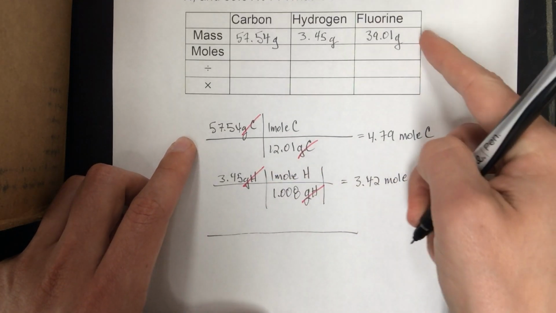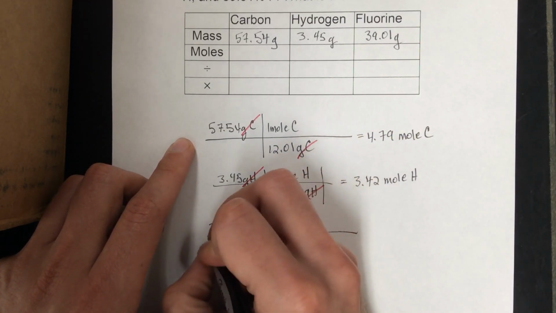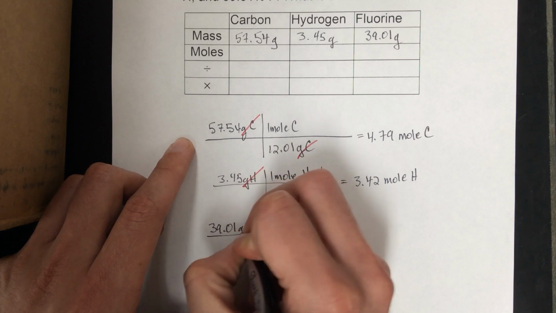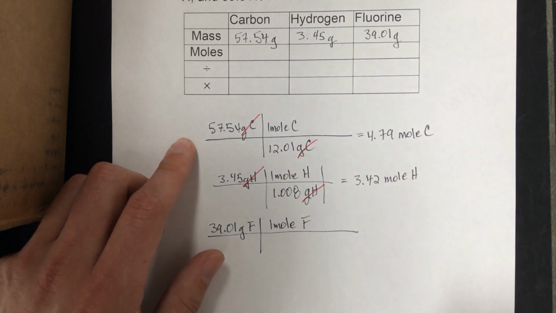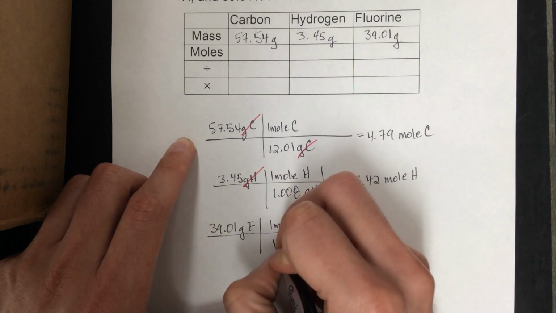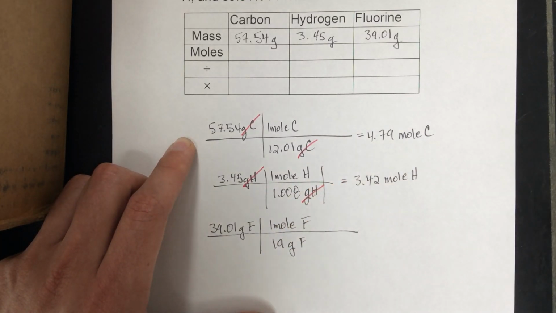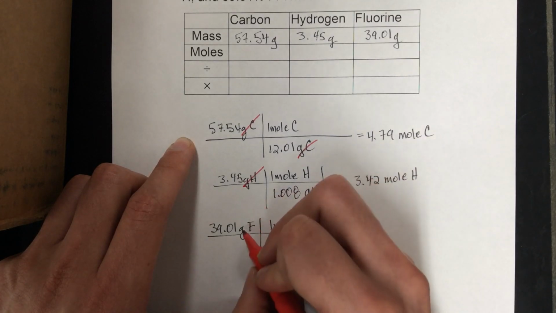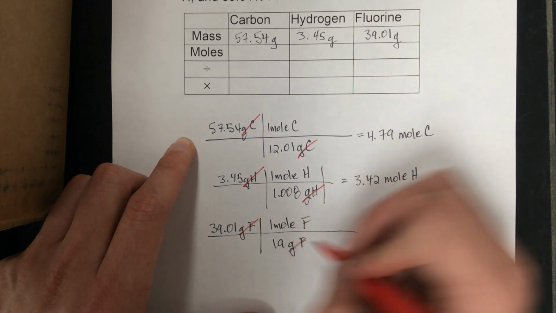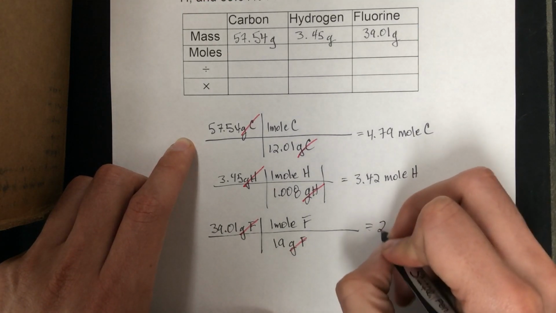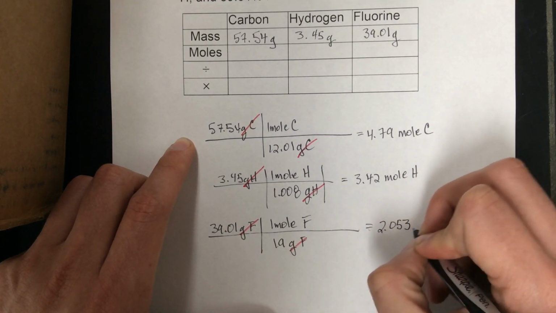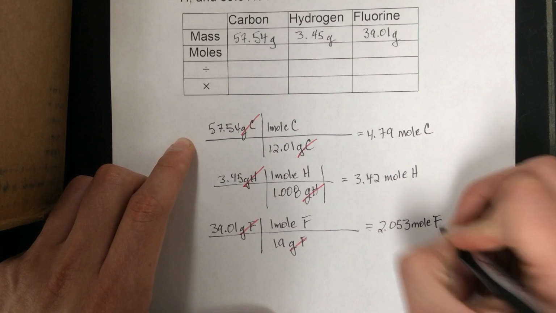And my last one, fluorine, 39.01 grams of fluorine. The periodic table says that 1 mole of fluorine has a mass of 19 grams. So I am going to cancel out grams, put it into my calculator. It says 2.053 moles of fluorine.